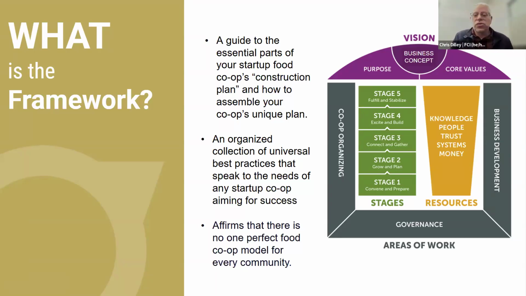We think of it as a construction plan. Your co-op is going to be unique because your community is unique, yet there are some really consistent elements that we want to make sure are always part of that planning process. That's part of what this framework is intended to do: provide that consistency.